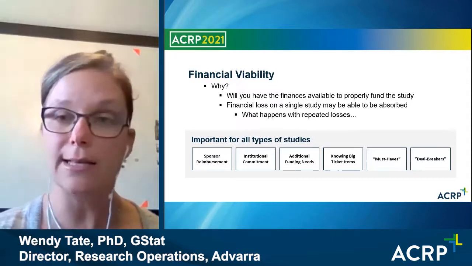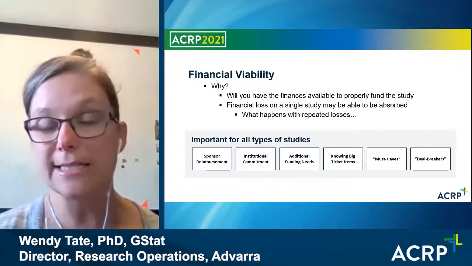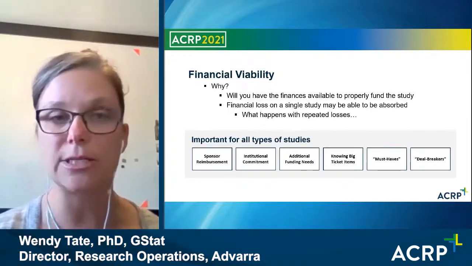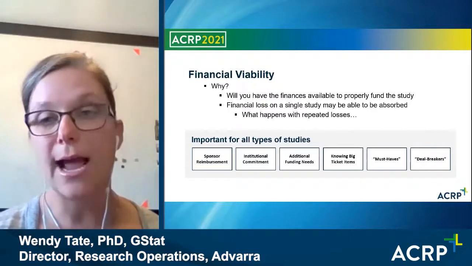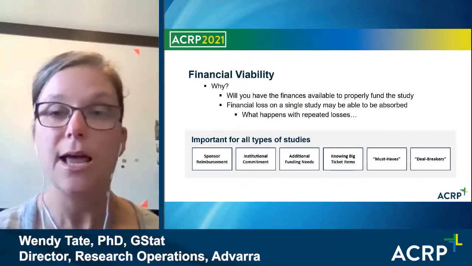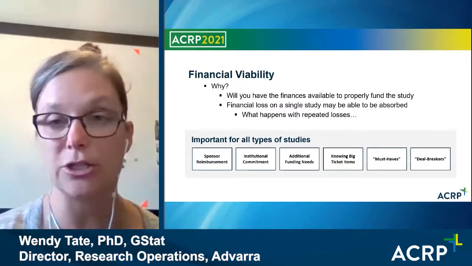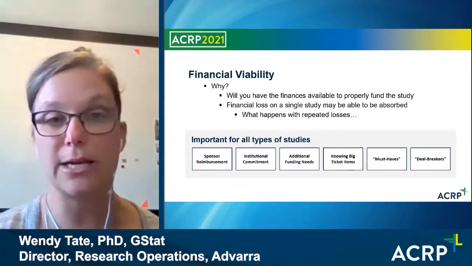And so while a lot of these studies are sponsored, it's really important for sites to know how much it costs them to conduct research. Why? So that they can ask for the proper funds from their funding agencies, from their sponsors. They know where they're going to be taking funds from internally if they need to supplement with internal funds, and they can make sure that they're breaking even.